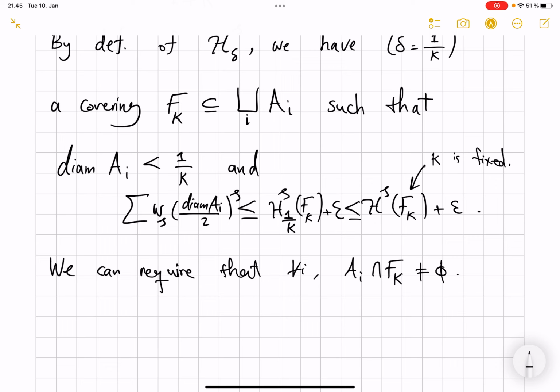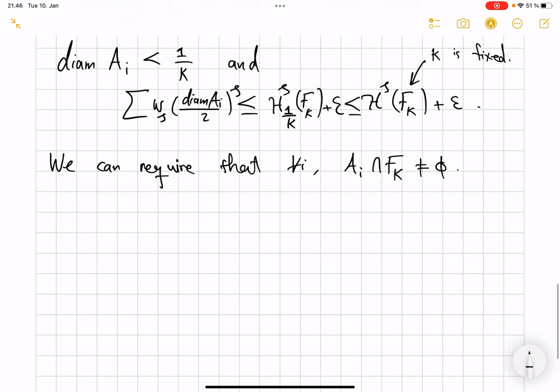We could even drop this k from notation for simplicity. Why can we do this? Because if you have a covering of Fk, and if some Ai happens to not intersect Fk, that set is not even needed to cover it, and we can completely drop it from the list of sets that covers. So you can always require that every set does indeed contribute to the covering.